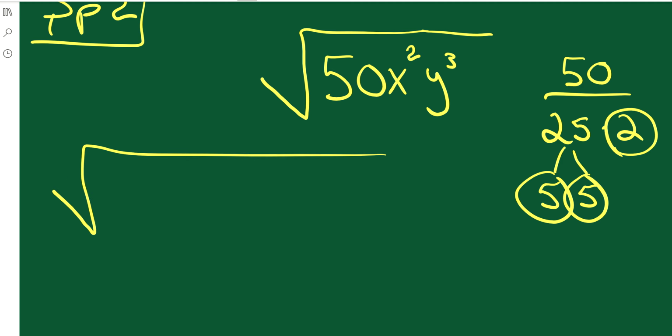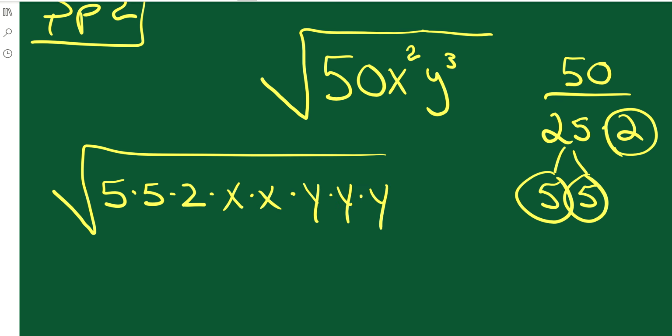I know I'm a little dramatic about this, but I want you to know how to do it with confidence. So this is going to be 5 times 5 times 2, and then times x times x, and y to the third, which is y times y times y. Now I'm looking at the index number.